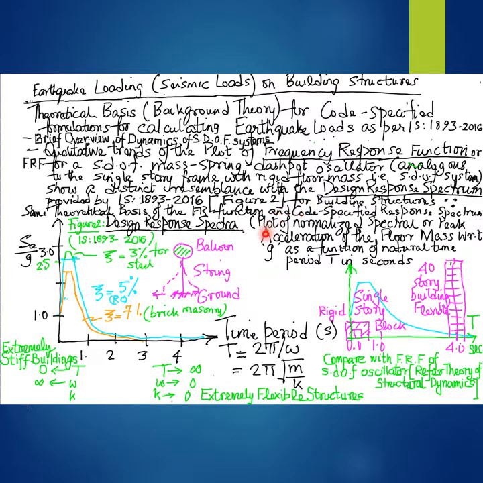And the plot of the normalized spectral or peak acceleration of the floor mass is with respect to the natural period, that is the fundamental time period of the single degree of freedom building structure.